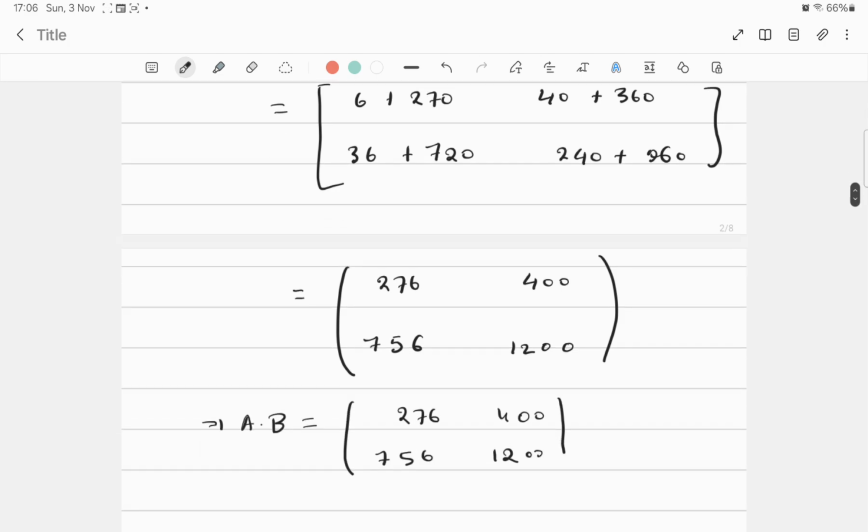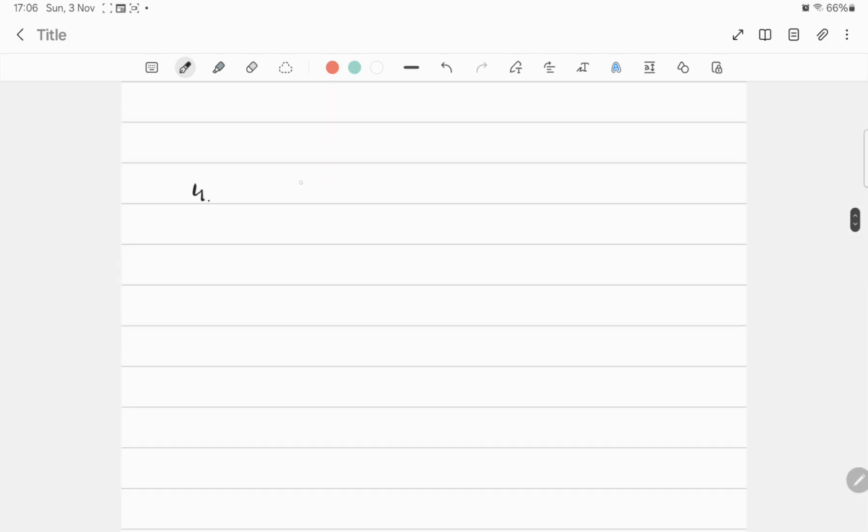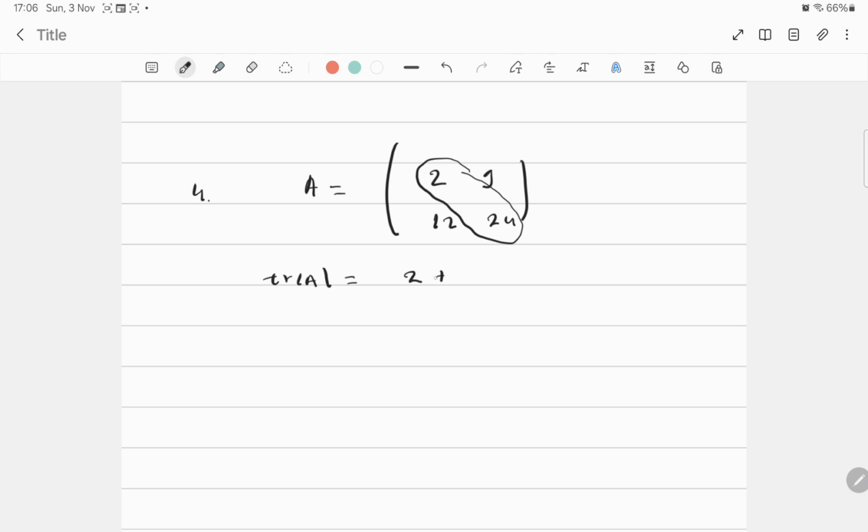Okay, now let's go to question number 4. The trace of matrix A is the sum of the elements on the diagonal here. 24 add 2, which is 26.